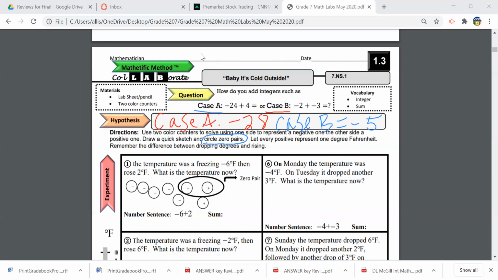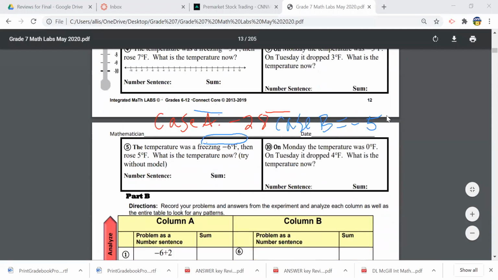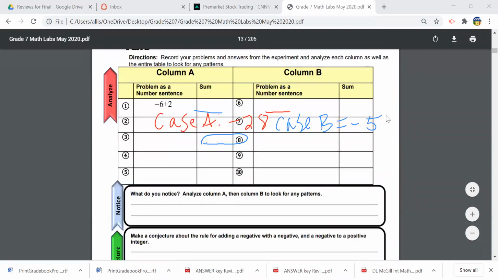Remember the difference between dropping degrees and rising. So they need to know when you drop degrees, you're subtracting. When you are rising, you're adding degrees, etc. So let's do number 1 and 6, and then you can go ahead and put your answers as usual in your handy dandy table here.